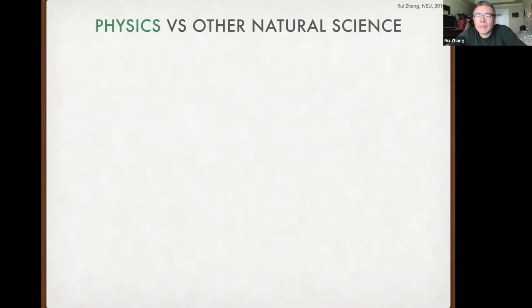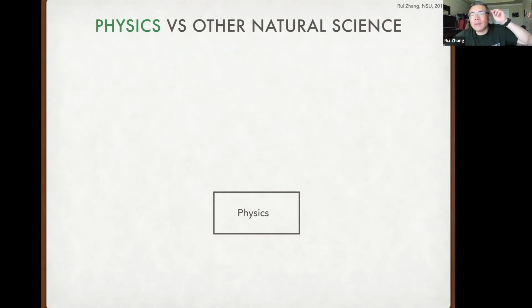So let me talk a little bit about a couple of other branches in natural science, to set up the big picture here. Physics is the fundamental level of understanding nature. If you keep asking why, and why, and why, eventually you'll go to physics.